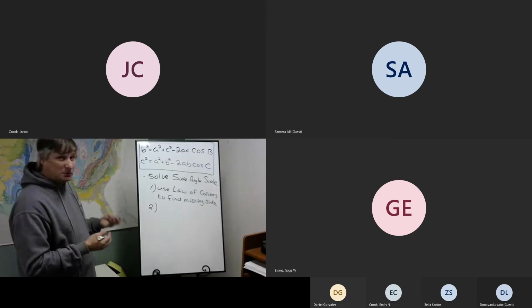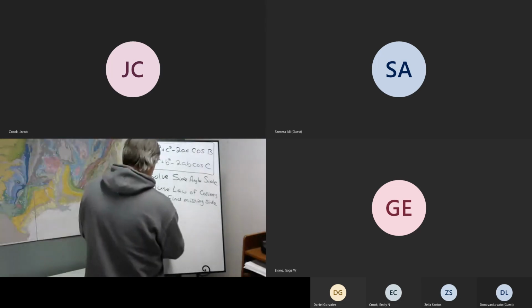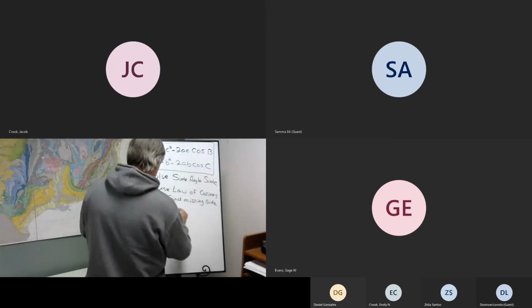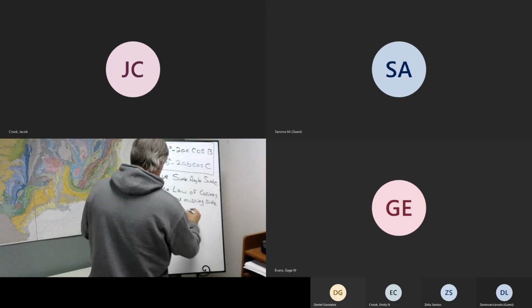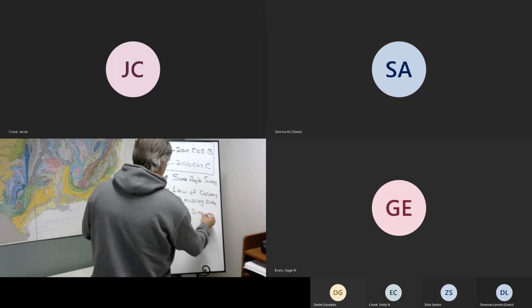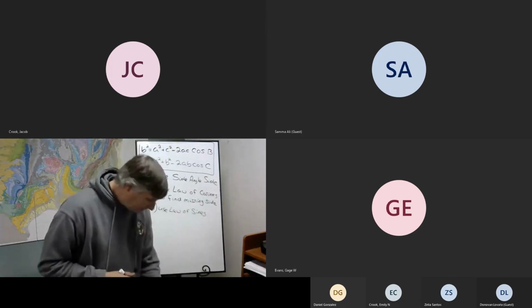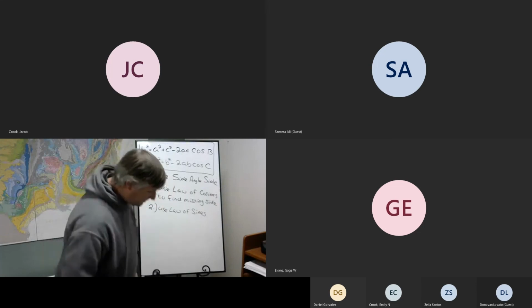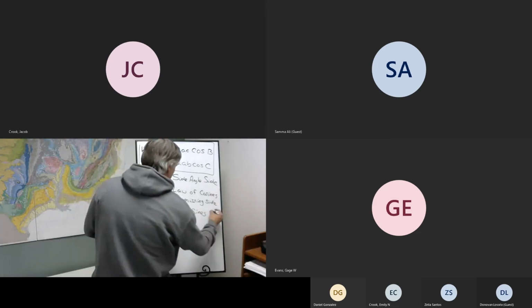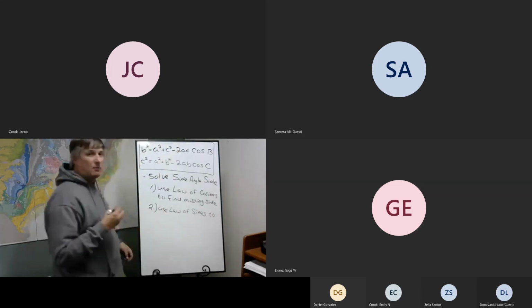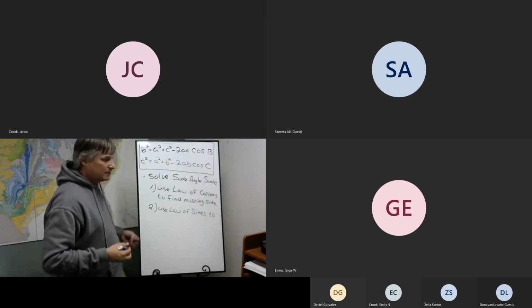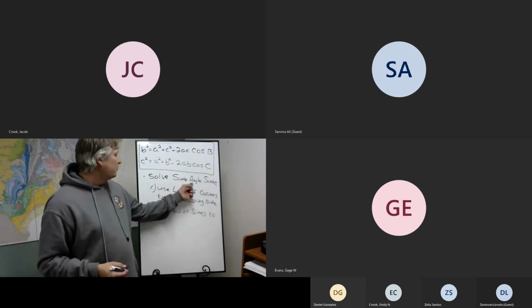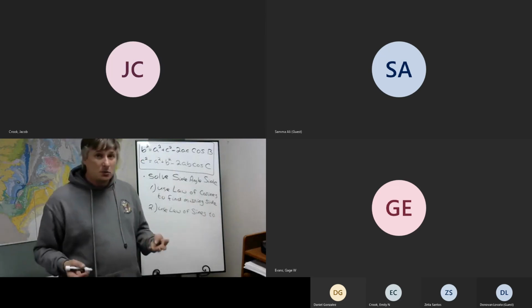So next what we're going to do is use the law of sines. Let me double check here. So we're going to use the law of sines to find one of the missing angles. Because remember, side angle side, we have only 1 angle, we're missing 2.